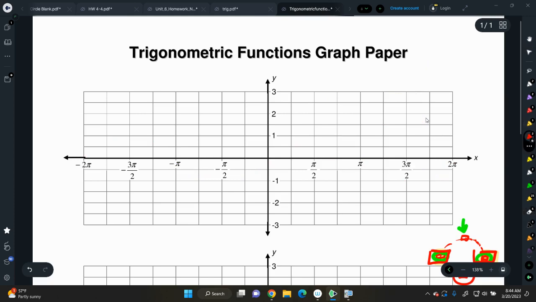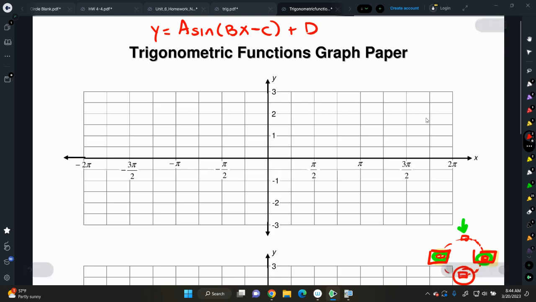Y equals A sine (bx minus c) plus d. That's the form of your sine curve. Now the A, or I should say the absolute value of A, is the amplitude. We're not talking about A being negative right now. We'll look at that later. So if there's a 3 in front of it, that means it has an amplitude of 3.